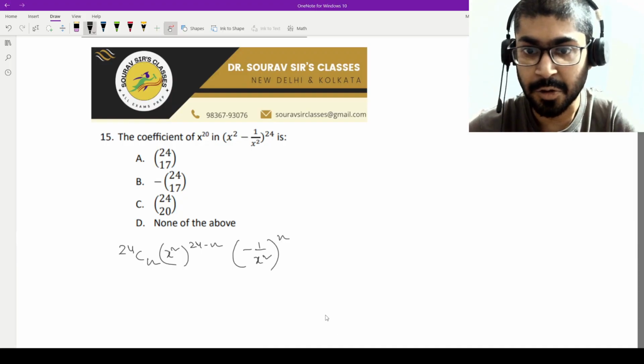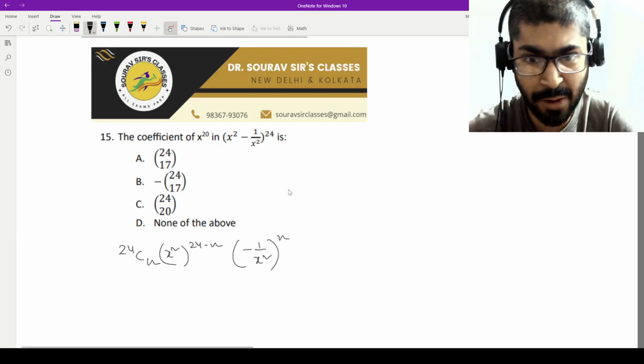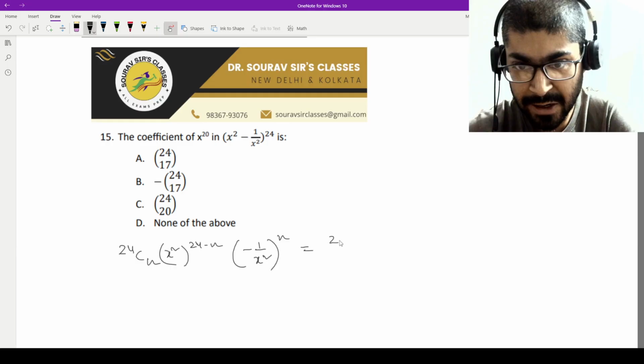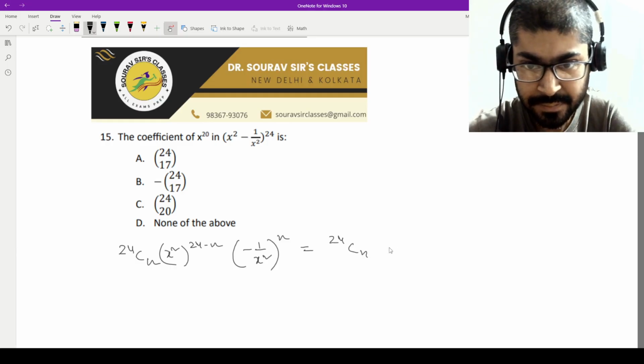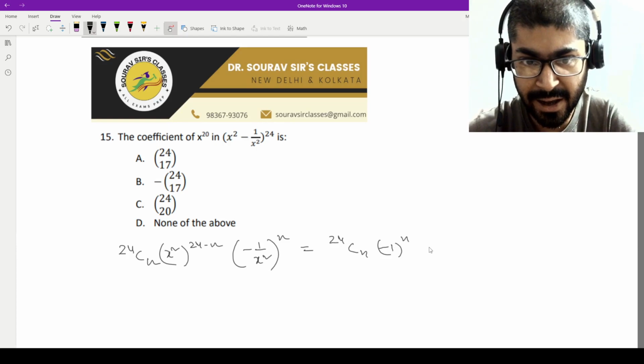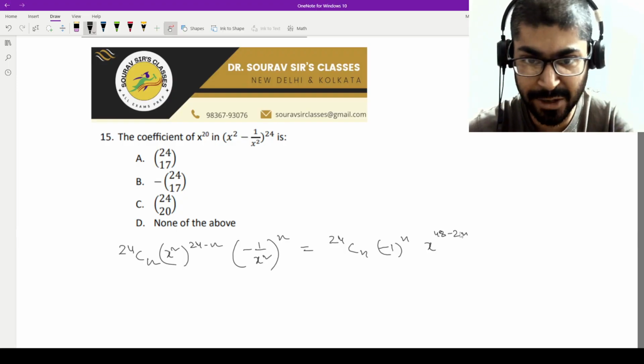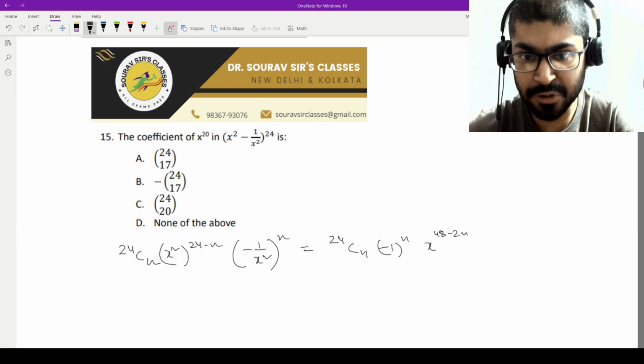Okay, so what do we want here? We want to gather the powers of x together, right? So this will be 24 CN minus 1 to the power n. I can separate out, and I have x to the power 48 minus 2n, right, because I can multiply the powers, and then I have to subtract something.